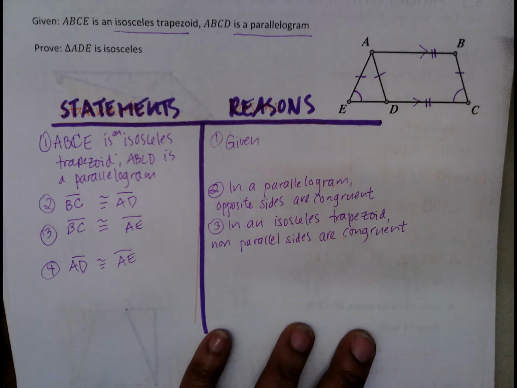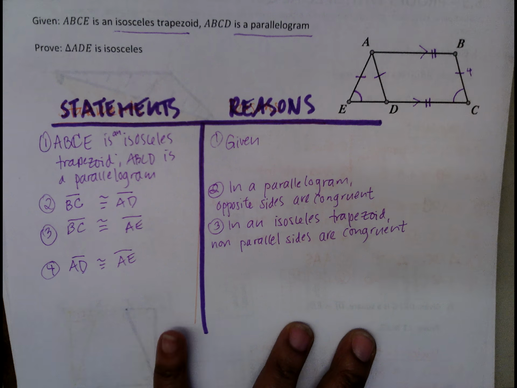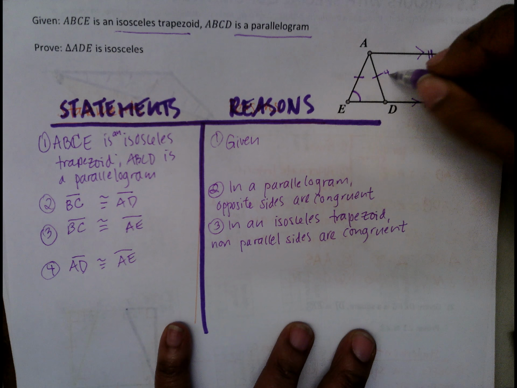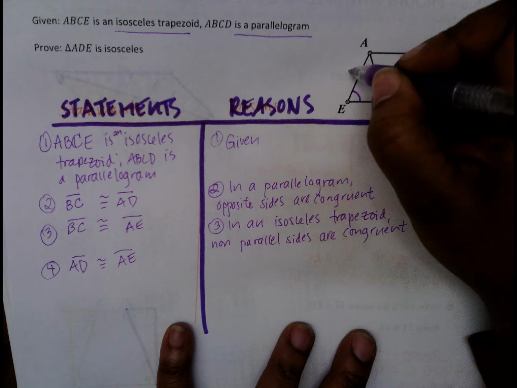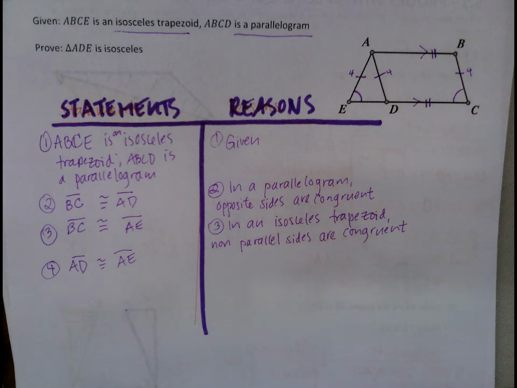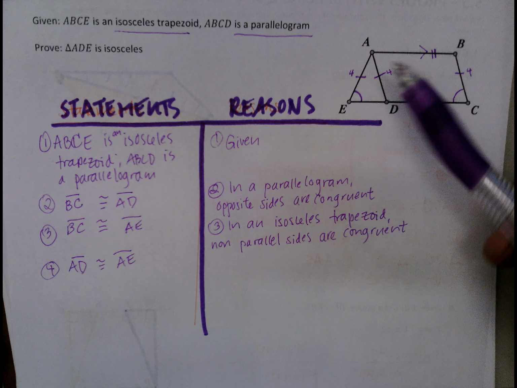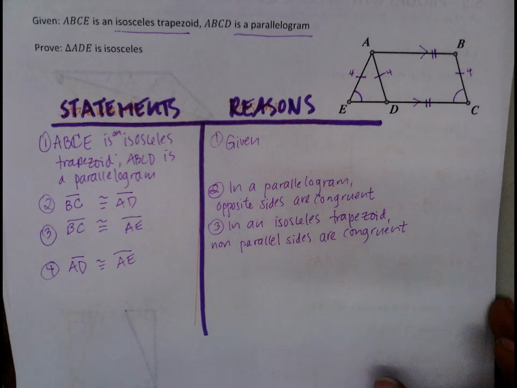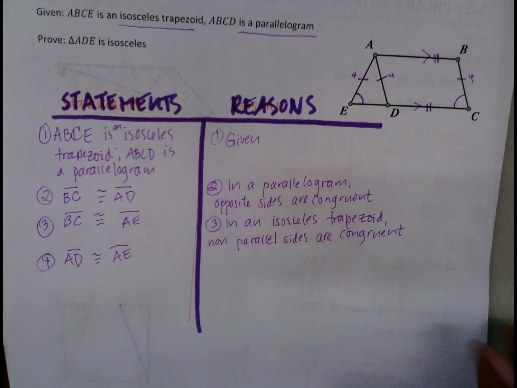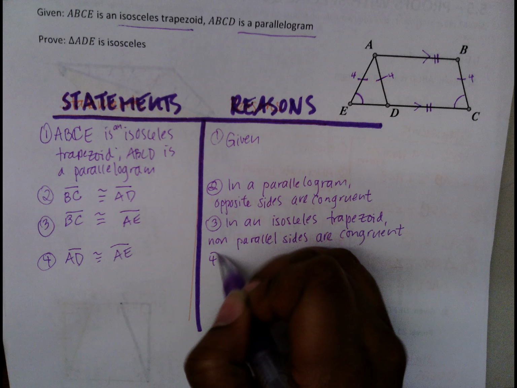So let's say BC was 4 units in length, that would mean that AD is 4 units in length. And if BC and AE are congruent, then AE is also 4 units in length. So by that same token, AD and AE have the same length, and that property is known as the transitive property.